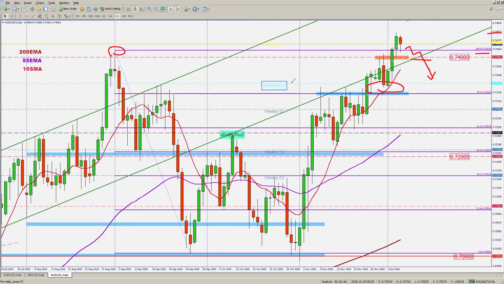With the previous week's pivot all the way down to the 78.6 FIB retracement.